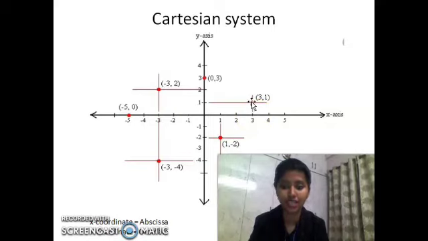Next, I want to know the second parameter. For this, I draw a line from this point to the y-axis. Where it intersects is my y-axis point. So 1 is my y-axis point. Here you can find the two parameters: 3 is the x-axis point and 1 is the y-axis point. So (3, 1) shows the position of this point.